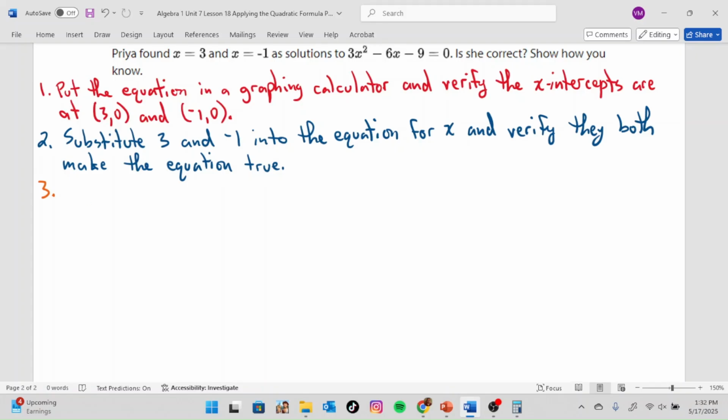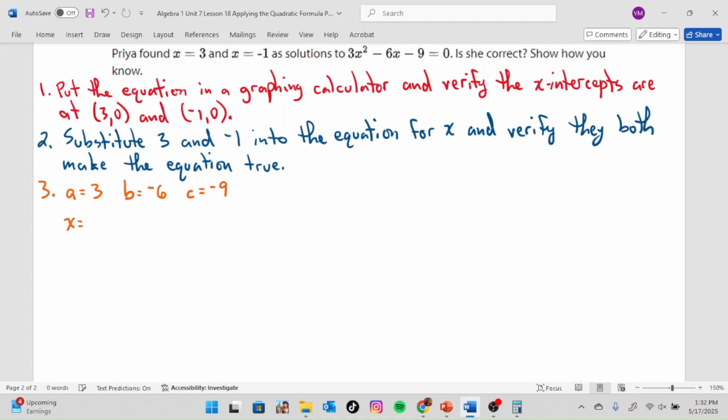So if we have 3x squared minus 6x minus 9 equals 0, then a equals 3 because it's the coefficient in front of x squared. B equals negative 6 because it's the coefficient in front of x. And C equals negative 9 because it's the constant. Now we can plug these into the quadratic formula.